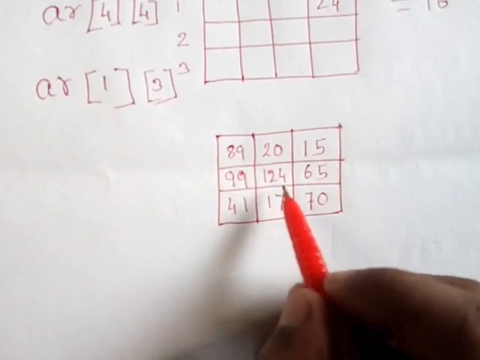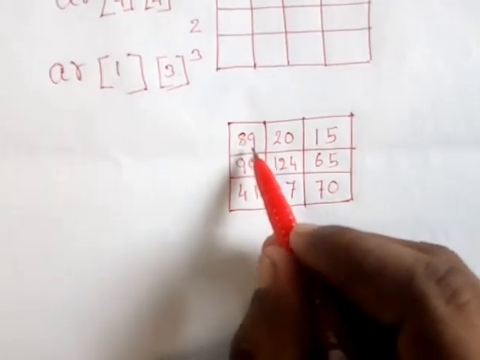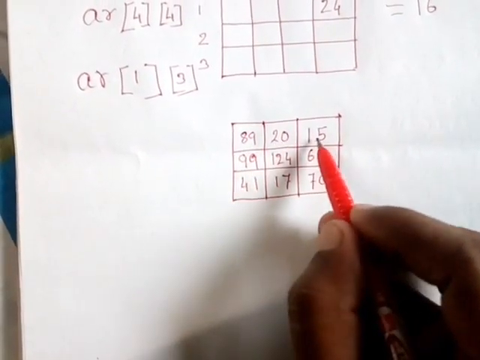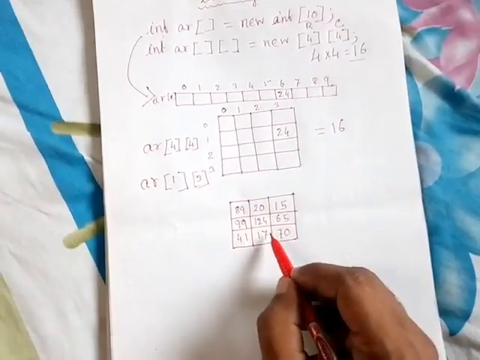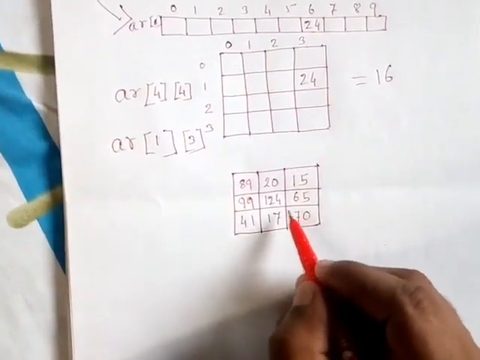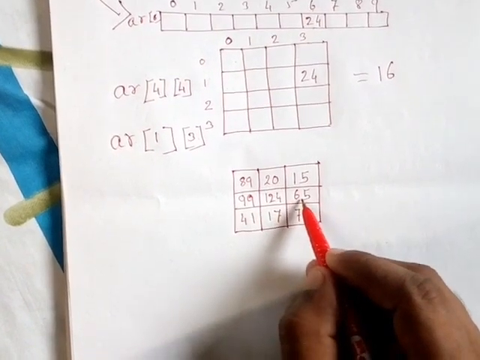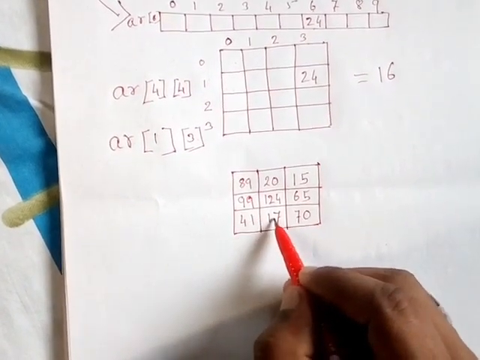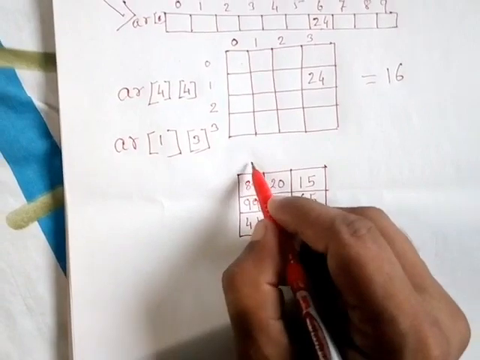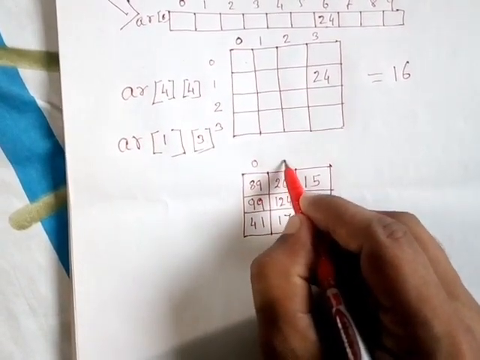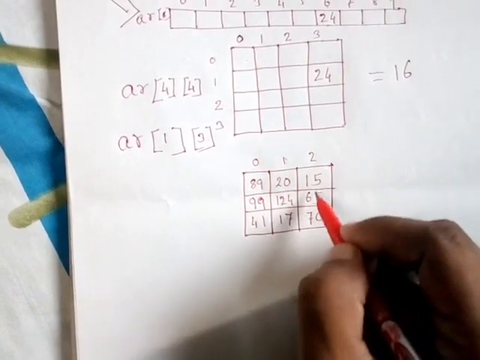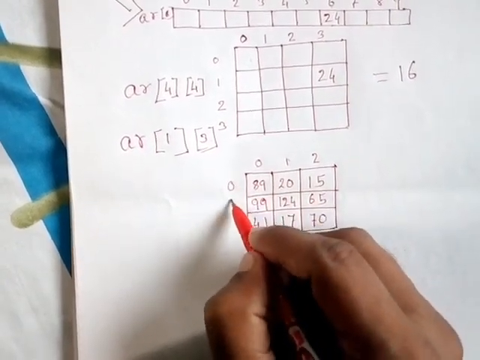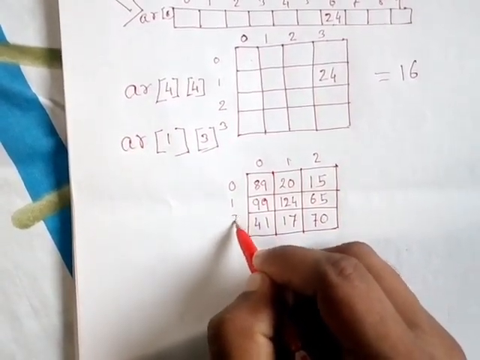So here I have written one matrix where 89 is stored, 20 is stored, 15 is stored, 99 is stored, 124 is stored, 65 is stored, 41 is stored, 17 is stored, 70 is stored. So the position numbers will be 0, 1, 2, column wise 0, 1, 2, and here also 0, 1, 2.